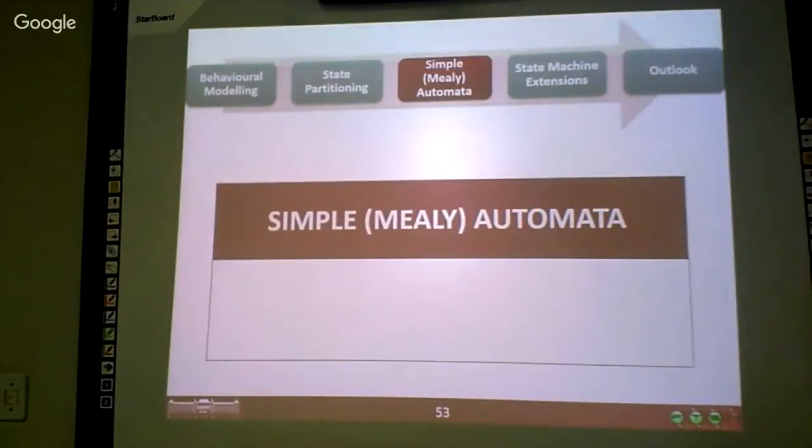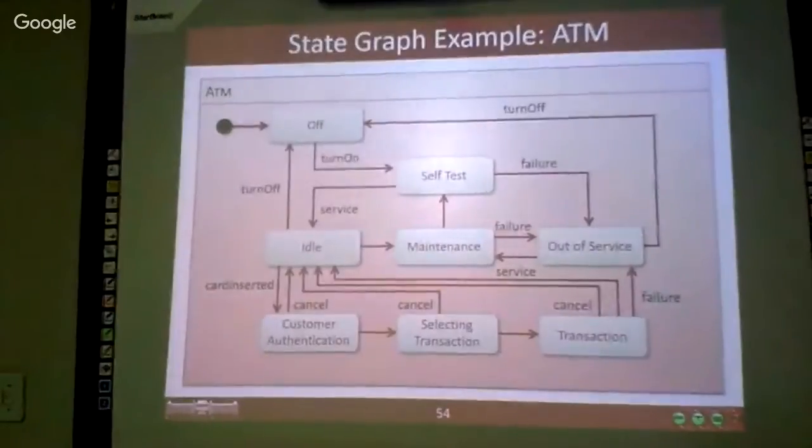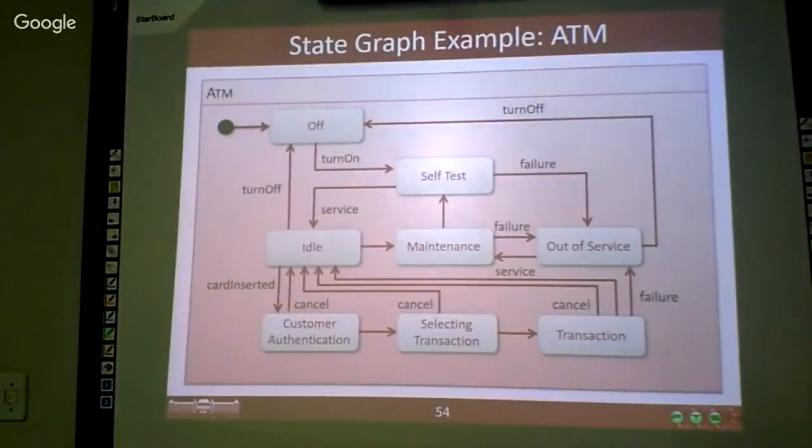And by using this formalism, we can build the simple Mealy automaton. So here you can see an example of an ATM system, where this is the state space of our system, and we change our state according to some events that happen.